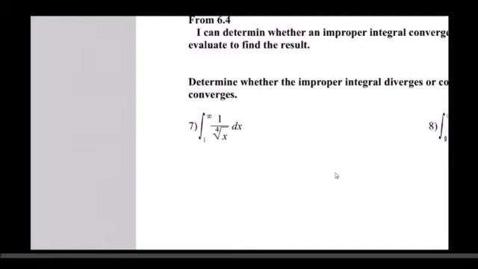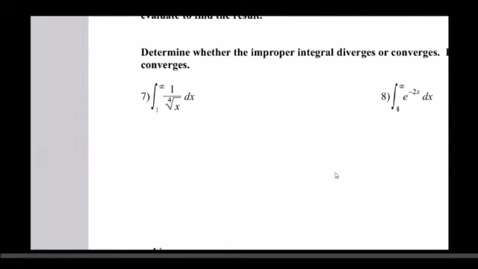So what we have here, since the upper limit is infinity, and as always with integration, we don't want to leave a radical down there. So I'm going to go ahead and rewrite this as the integral from 1 to infinity of x to the negative 1/4. That's going to be a little bit easier to work with.